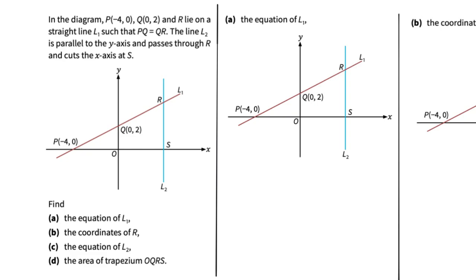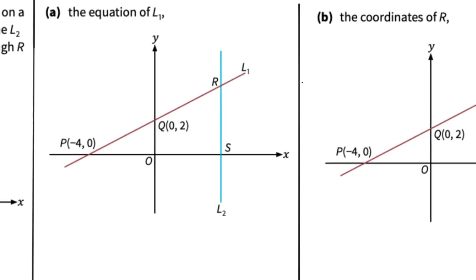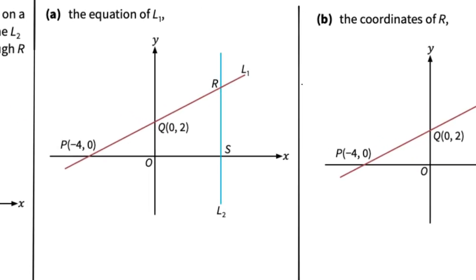And so with all this information, let's look at part A, where we are required to find the equation of the line 1. So I'm going to zoom into line 1. And it is of great importance that you take note that this point Q is on the y-axis, where it is actually at this point 2.